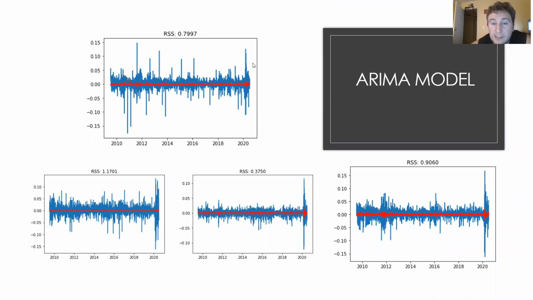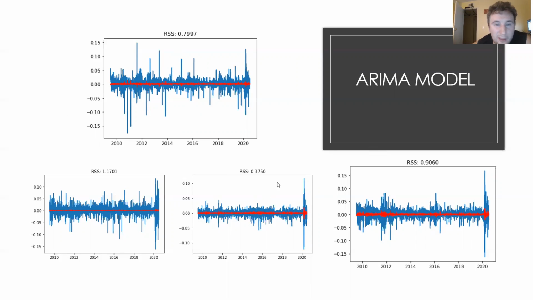So the RSS models here show how well the model was fit to the data. In this particular case, they all fit really well, so I wasn't too worried about there being a problem with the forecasting. The smaller the number, the better the fit. There could maybe be some overfitting on this.